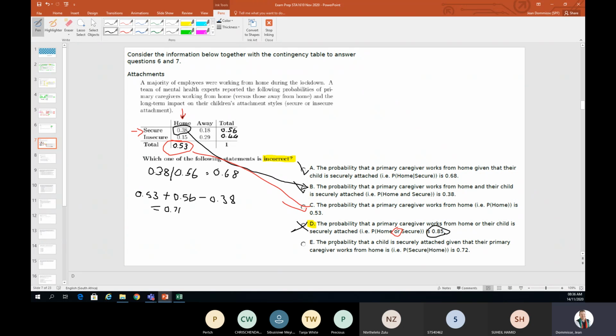But let's look at the last one, just so that we have covered nearly all the instances of probability. The probability that a child is securely attached, given that their primary caregiver works from home. So securely attached, given that they primarily work from home. Where this one was 0.58 divided by 0.56, this one is just basically doing the opposite.